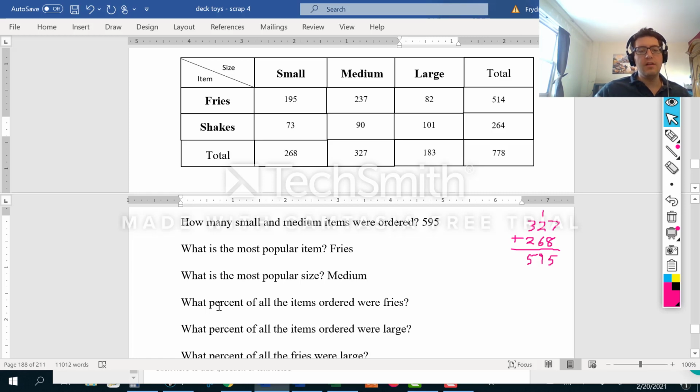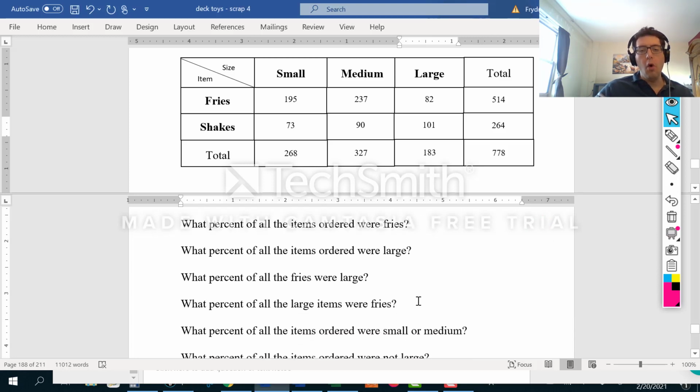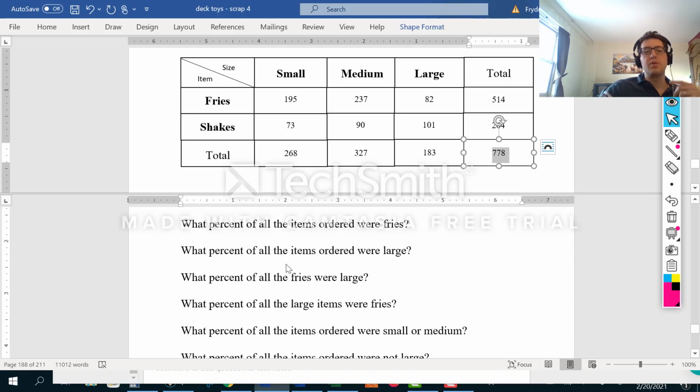All right, now let's get into percentages here. What percent of all the items ordered were fries? Well, all of the items ordered, the total of everything is 778. And if I want to know the percent of the items which were large, then I'm going to have to look at the total number of large items which were ordered, which is over here.